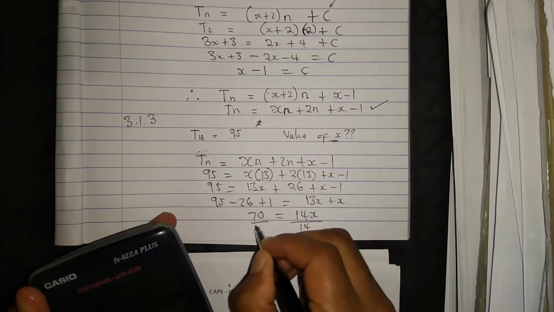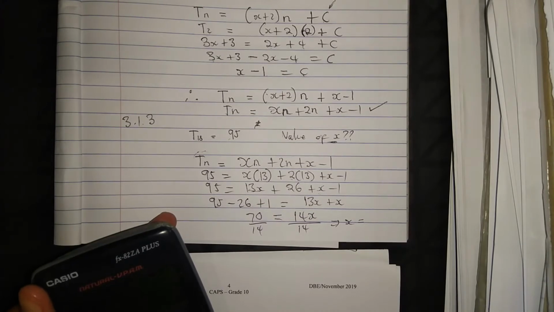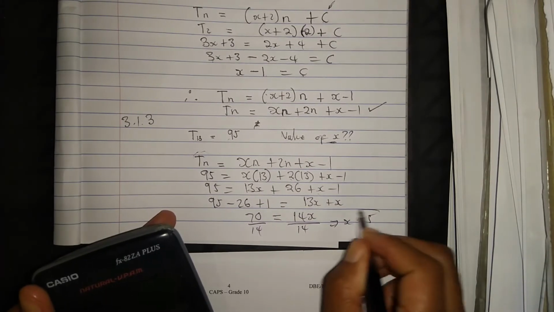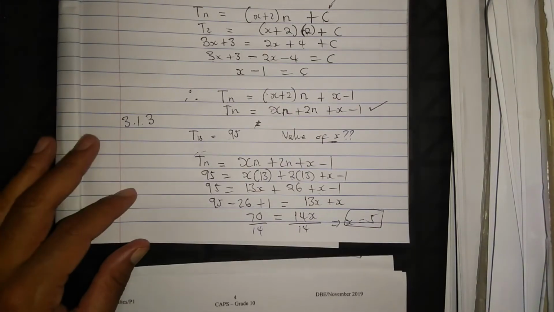Divide both sides by 14. So therefore x is equal to 70 divided by 14, which is 5. So the value of x is 5 now. The value of x is 5.